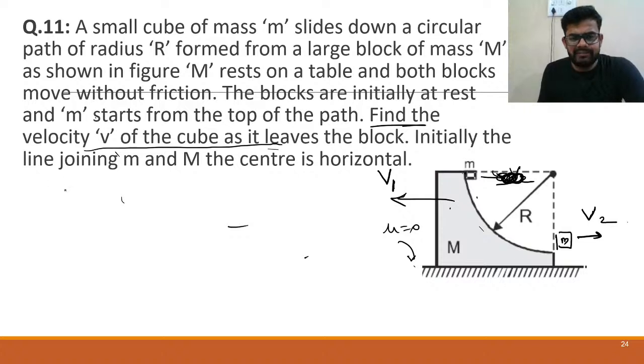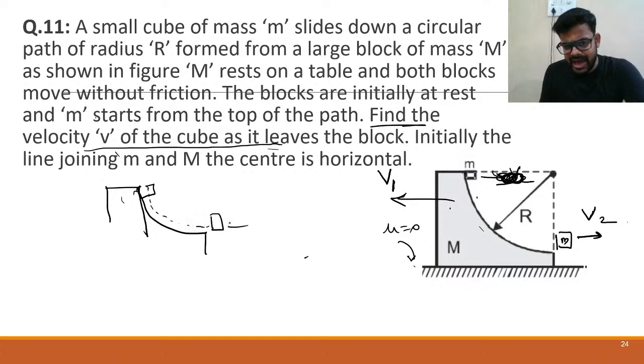So I will simply say, I can see here this is first and this is second. It is simply coming down and it will come here and leave the big block. Okay. Yeah. You can go, Karan. You can do whatever you want. Okay. So this is V2 and this is V1.